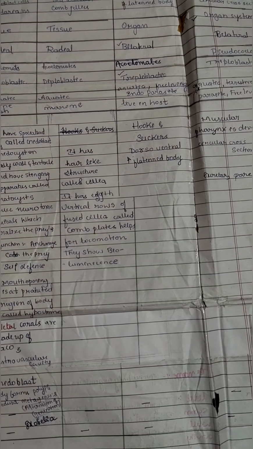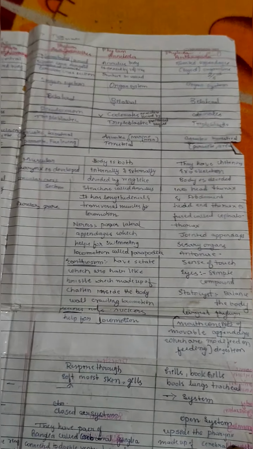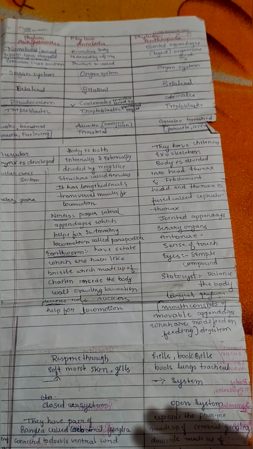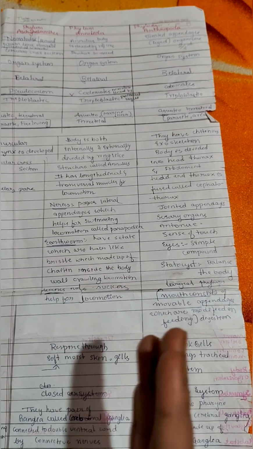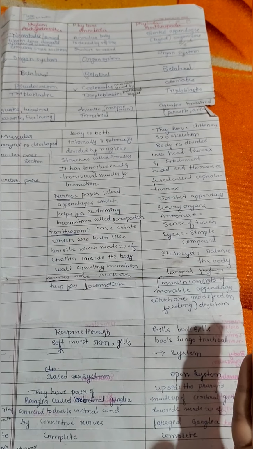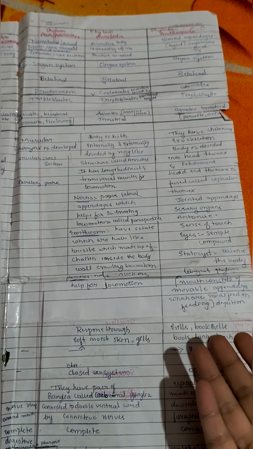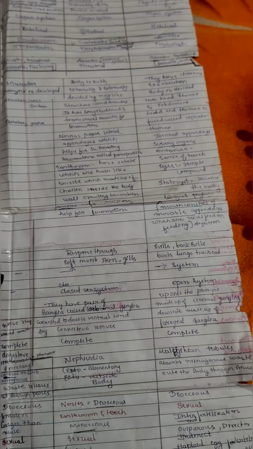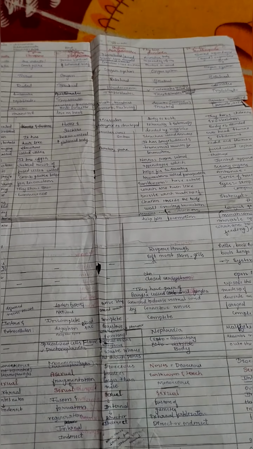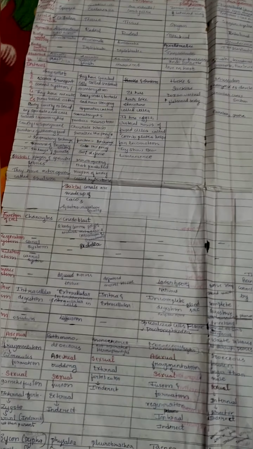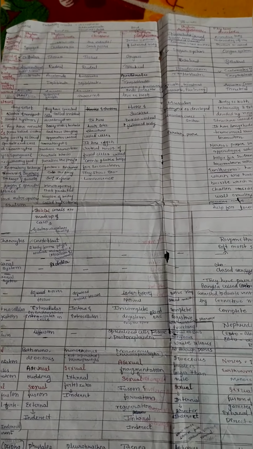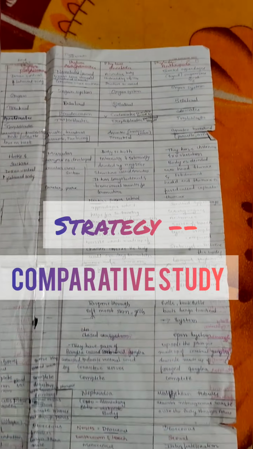You cannot read all your notes every day, but this single page helped me remember. There are many characteristics and distinct features, so if you read them only once, you will obviously be confused. The trick I am saying is that when there are this many phyla and you have to remember all these things, please go for a comparative study, then you can easily understand.